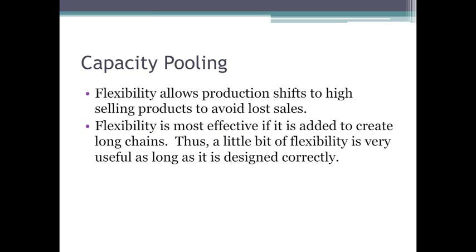Then another process line that can produce one of those two items and then a different item. And then another process line that can produce another item and another, and that way we produce these chains of capacity pooling. That way we are able to shift production as needed to avoid idle time, to avoid lost sales from overproducing or from underproducing.